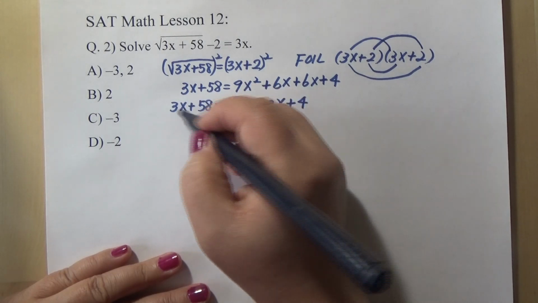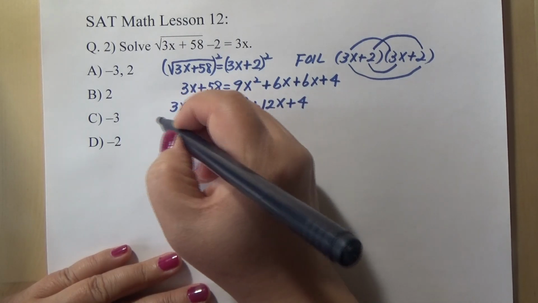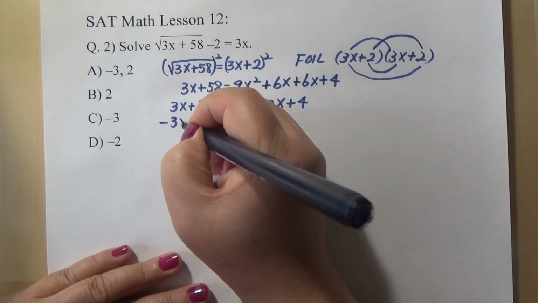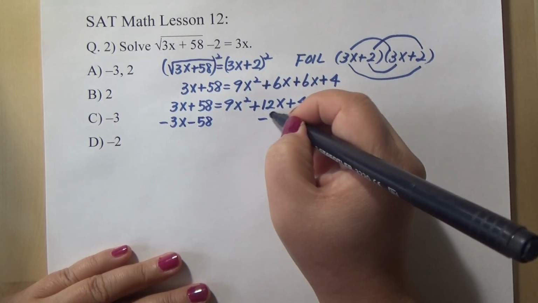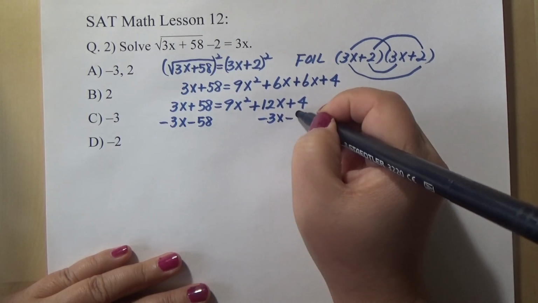And now I want to get rid of the left side, so I'm going to subtract 3x and 58 from both sides.